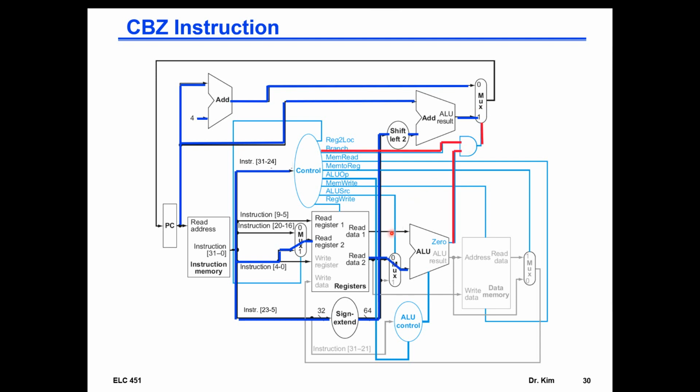So once we have the comparison done of these two registers, if we have a 0, and of course we have a branch instruction, which this control has decoded, then we enable the path to be this one instead of the next sequential instruction. And now we have the next address ready to be loaded into the program counter when the clock edge comes, to read the next instruction at the right place in memory.